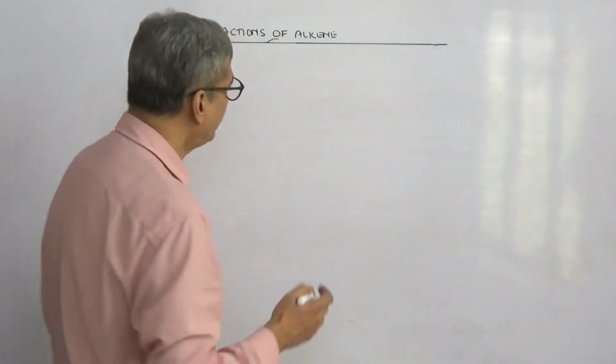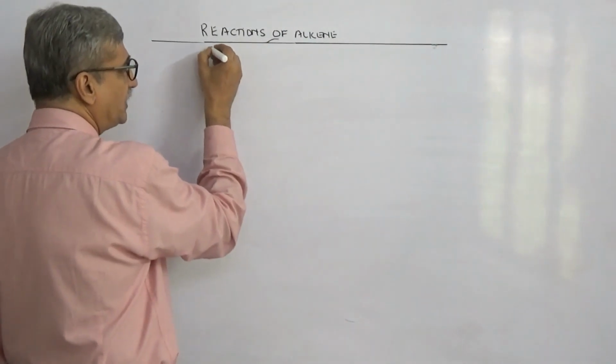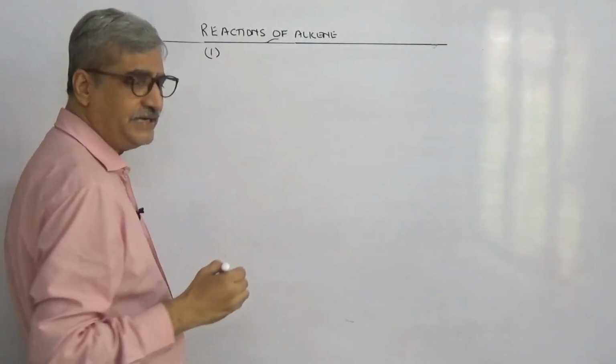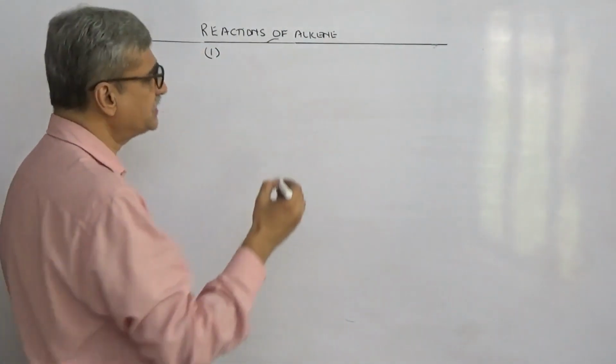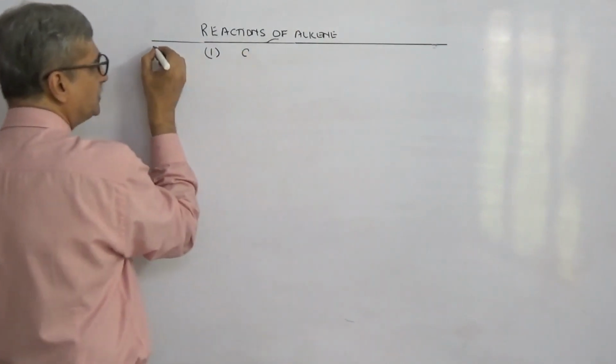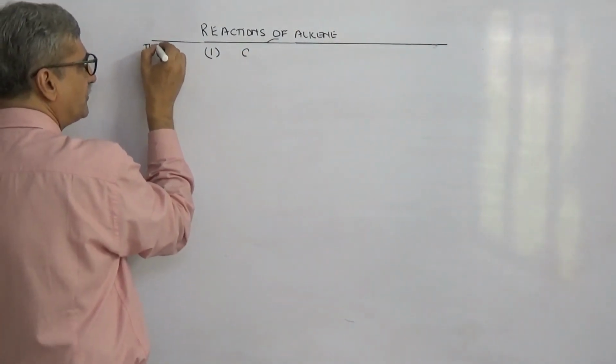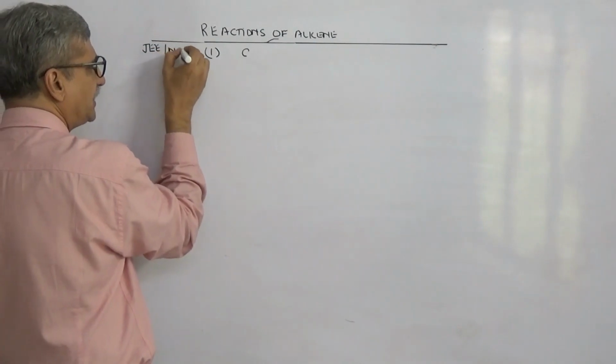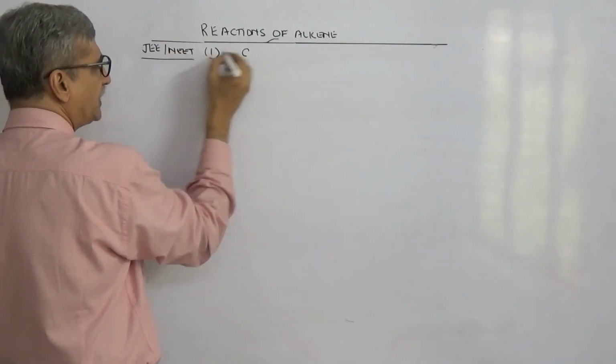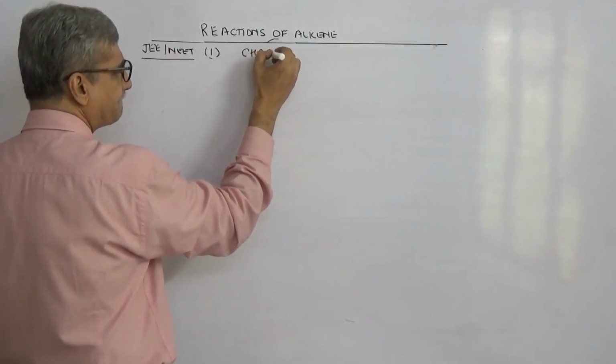So mostly the first question that we have to answer is, what kind of a reaction, the characteristic reaction shown by alkene. This is what I am trying to teach you from the JEE NEET angle.